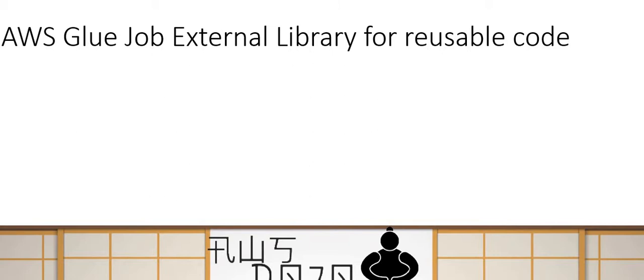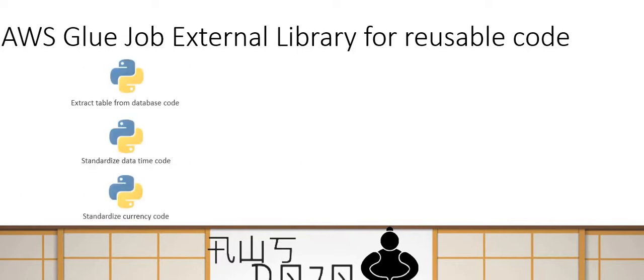In order to create a reusable library, you can use one of the configurations within a glue job called external library. You can write your reusable code, and then configure that reusable code as an external library in a glue job, and that way you can keep your repeated business logic outside your glue job.